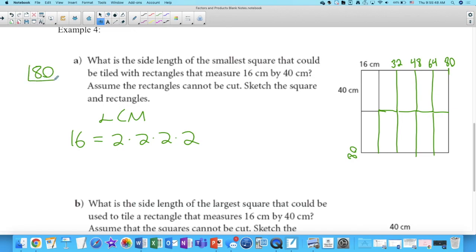So I know it's going to be 2 cubed times 5, but let's just go through it. And the more you do this, the more you will be able to start to do these. What did I do here? Oh, no, it's 16 times 5. It's 2 to the 4 times 5. My bad. Okay.